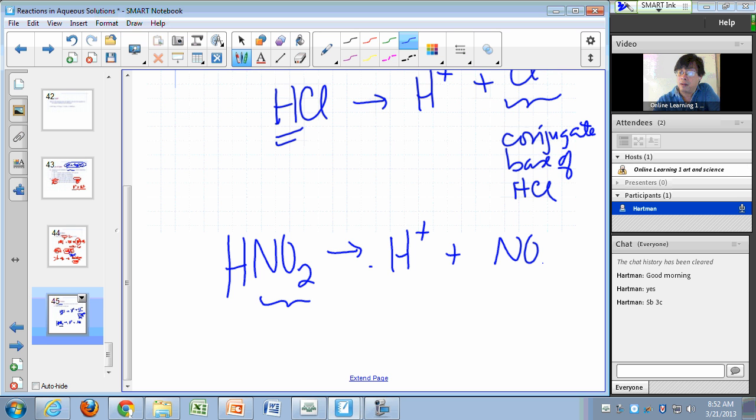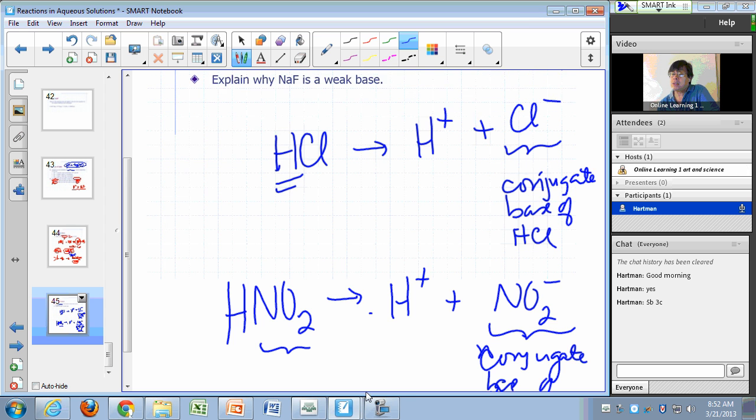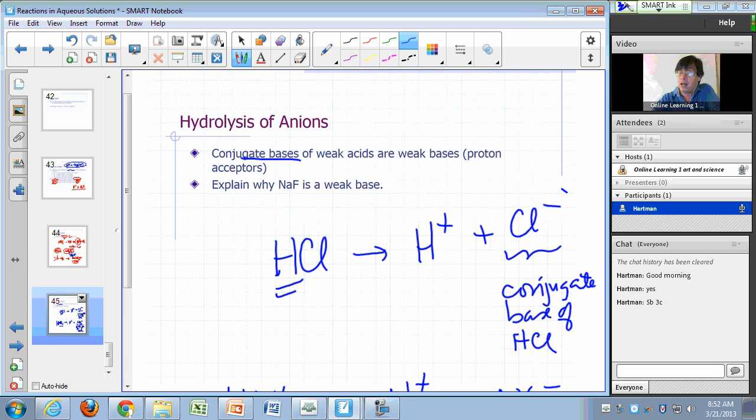Nitrite ion. So nitrite is the conjugate base of HNO2. These conjugate bases, these ions, can pull a proton away from water and give you hydroxide. That's the hydrolysis reaction, and that could lead to a pH higher than 7.